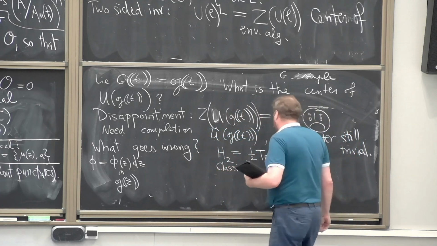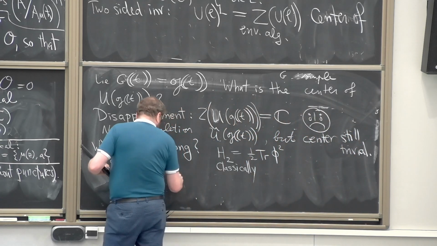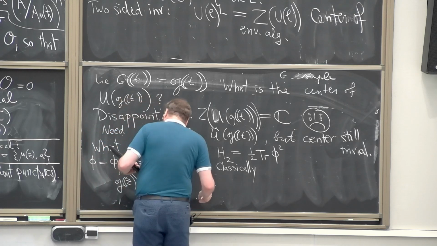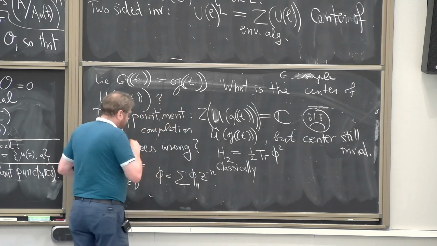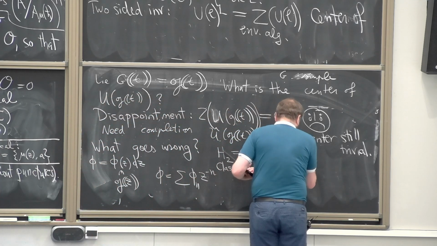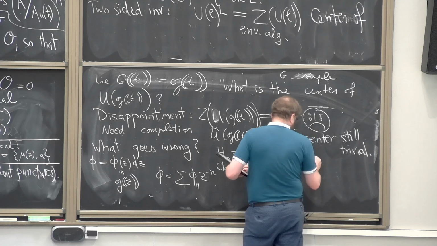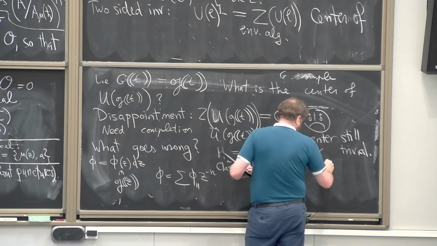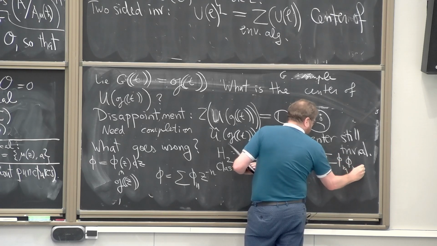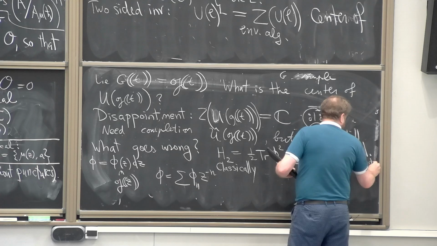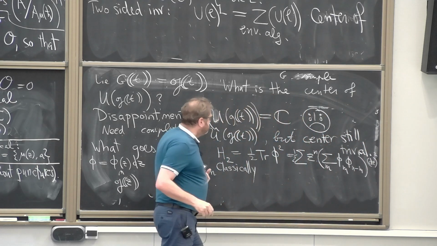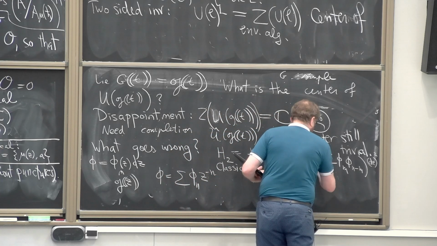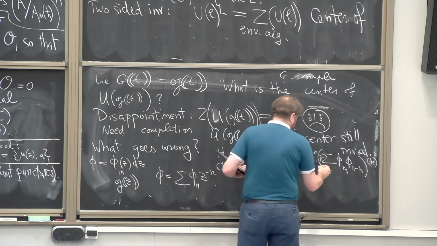So what is this? If you write phi as the summation of phi n times z to the minus n, then this is going to be the sum of z to the n, and here is going to be the sum over m of phi m times phi n minus m, if you like dz squared. And there will be a trace, which means that I sum over some orthonormal basis.